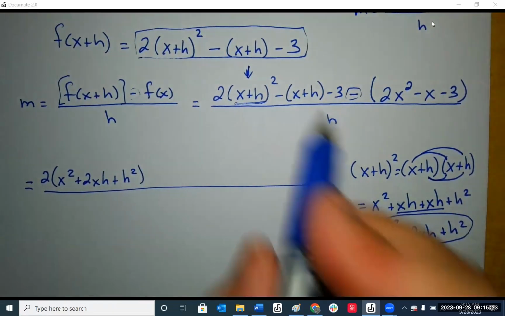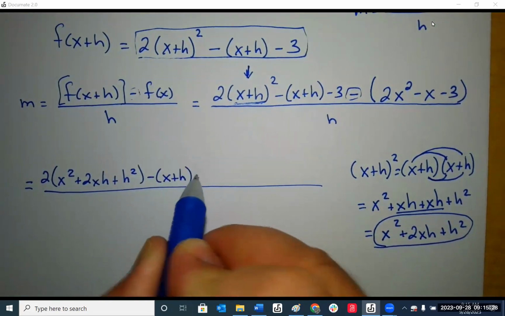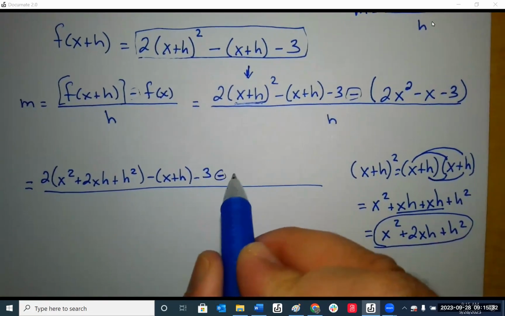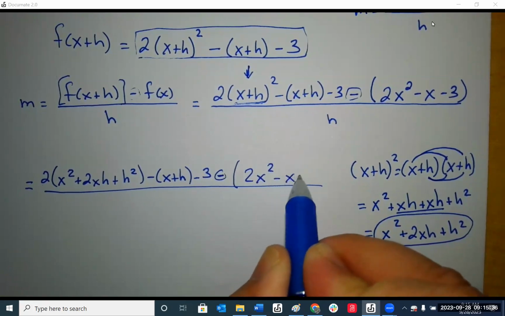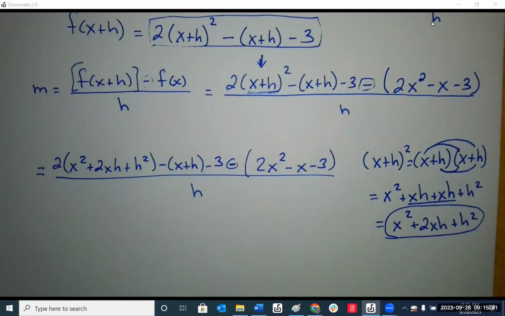Yeah, that's all just from there. We have the minus (x + h), minus 3, minus (2x² − x − 3). Is everybody okay so far? Did I lose anybody?